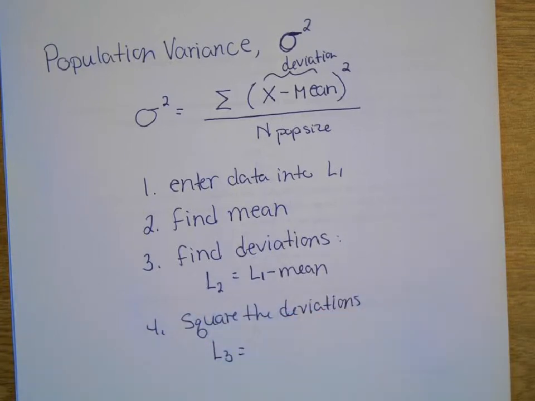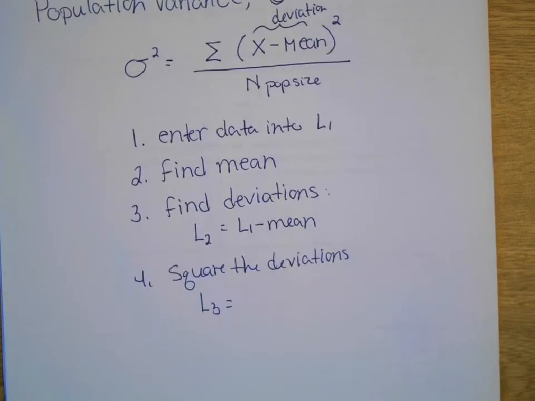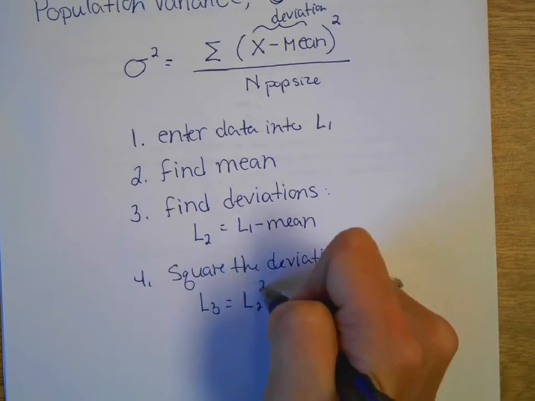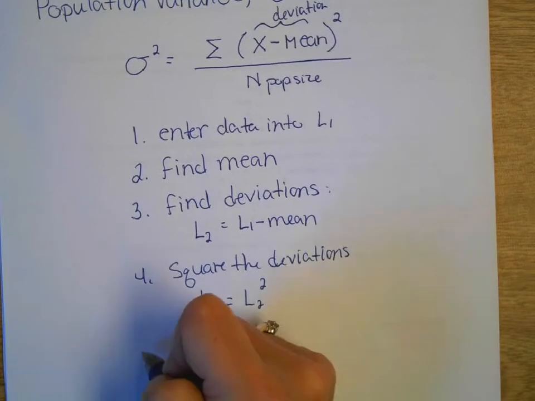Go over, go up, clear it out if it's not clear. What are you going to tell it to do? Square list 2. Take list 2 and square it. It's just a little time saver. Could you do all these on a little dinky calculator? Yeah. Take you a long time? Yeah. So this is just a handy little tool. L2 squared. Okay, so squared them all.